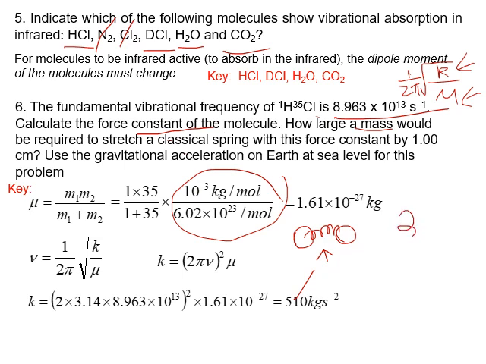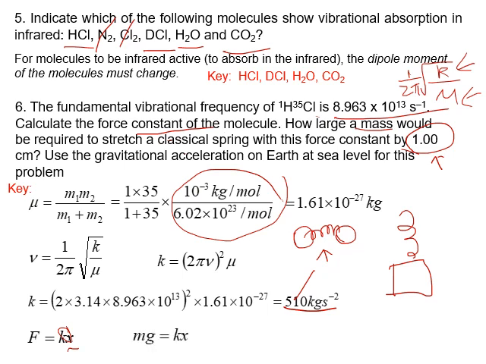So with this spring, how much force do we need to stretch a displacement of 1 centimeter? All right, so we use Hooke's law. Force equals k times x. x is the displacement, which is 1 centimeter. The force constant is given, is 510, and so the force can be calculated.